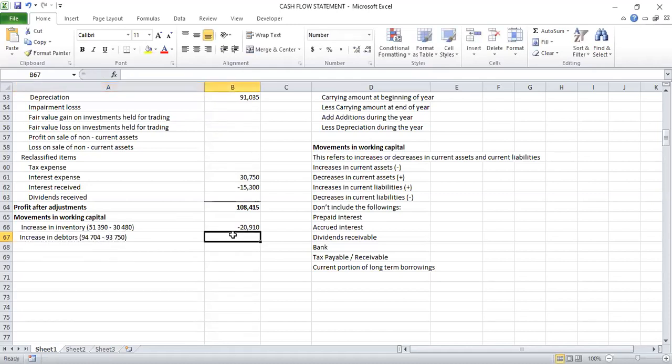What do you get? 954. 954 is a minus. Remember, we say that as long as it's an increase in an asset, it's a minus.